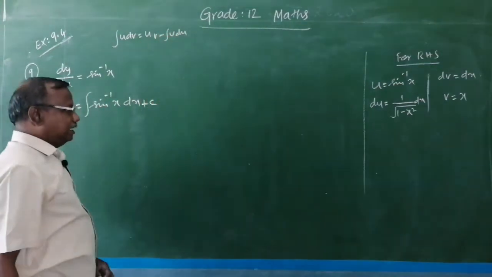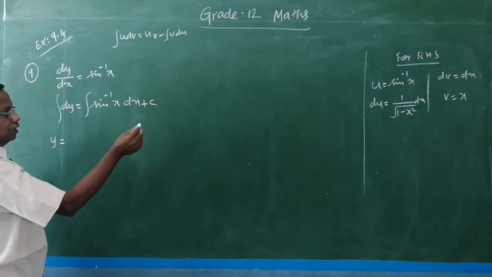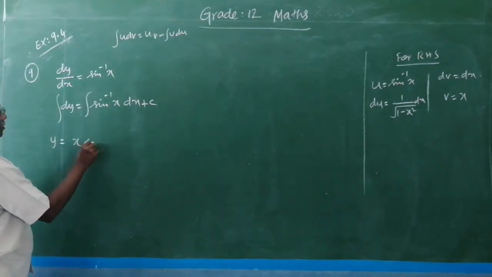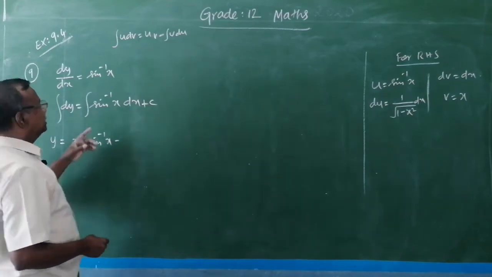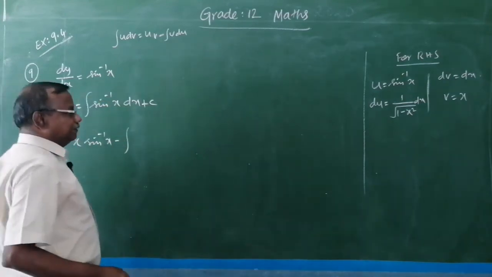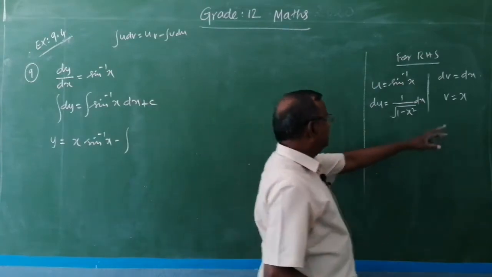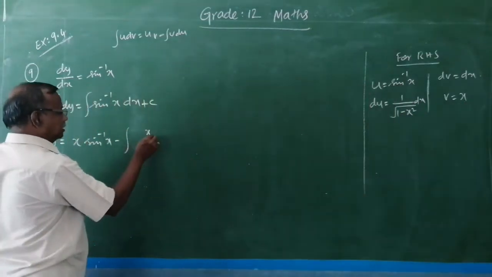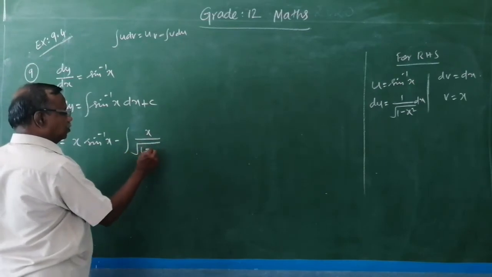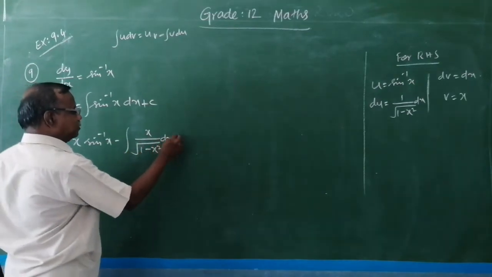So uv means x sin inverse of x minus integral v du, which means x divided by root of 1 minus x square into dx plus c.